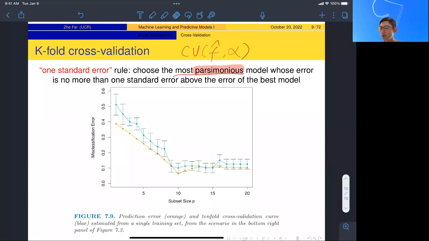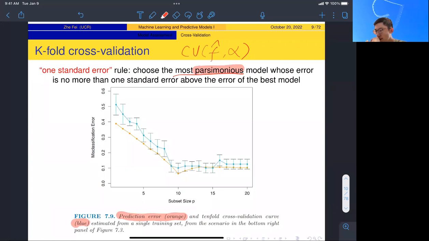As illustrated in this plot, the prediction error is the orange curve, and the cross-validation curve is the blue curve. Let's focus on the blue curve first, which shows the misclassification error.